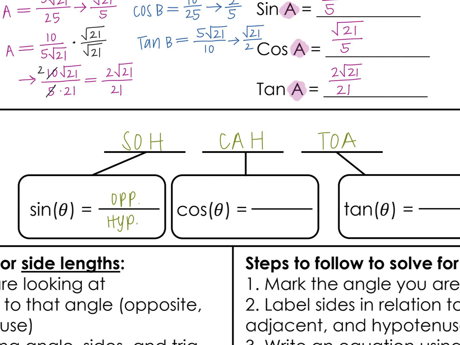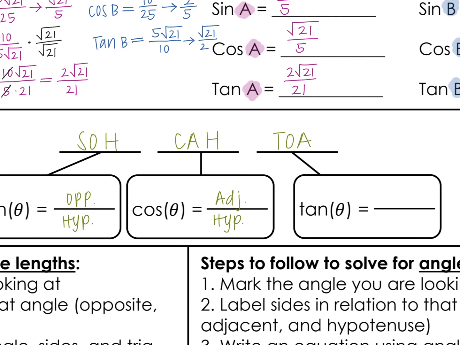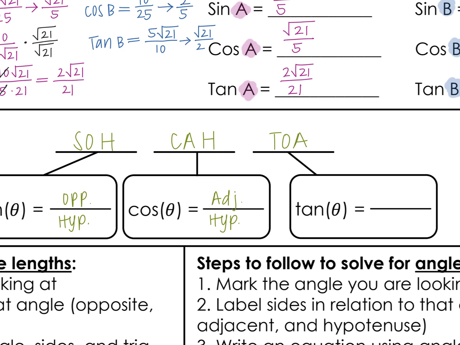Then when we get to the CAH, you have cosine of theta is your adjacent over your hypotenuse. And then lastly, you get to that TOA, tangent of theta is equal to my opposite over adjacent.